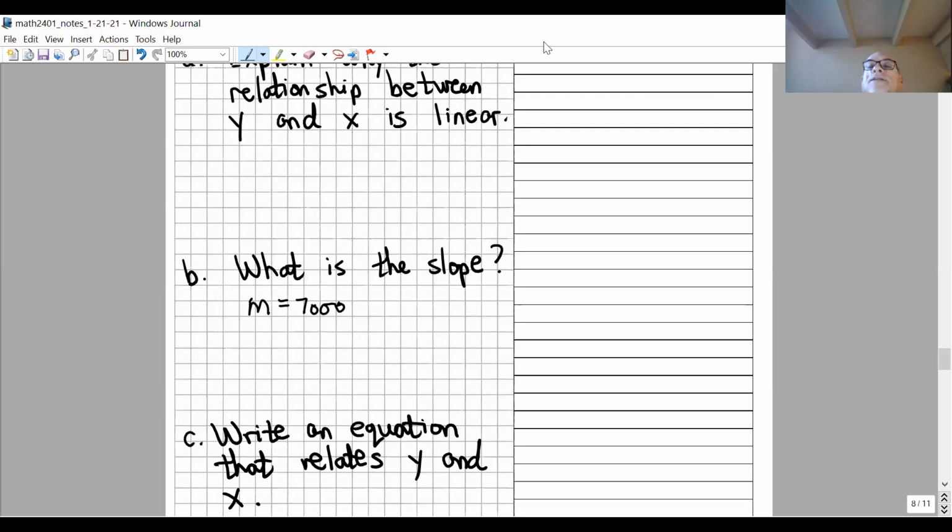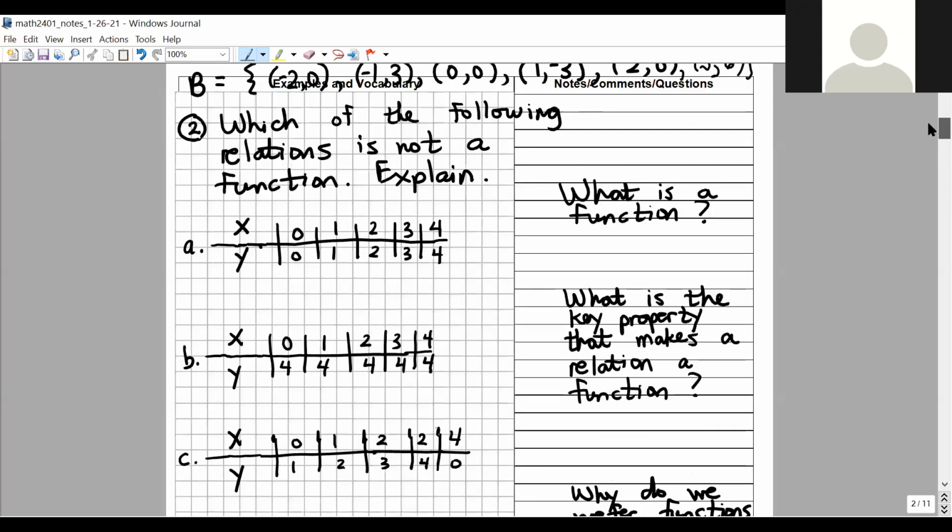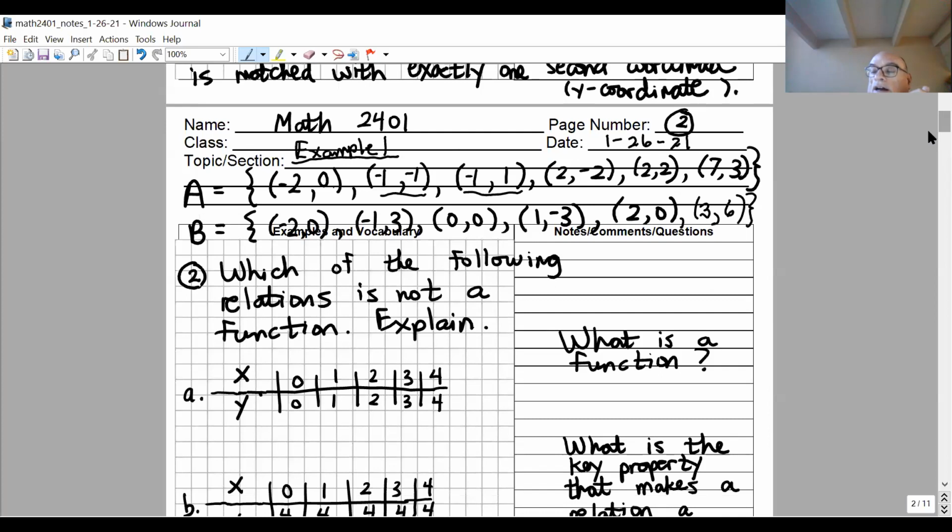All right, let me stop the share and restart it. Is that any better? Yes, we can see the new one now. Oh, okay. Sorry about that. If things start messing up, let me know quickly so we can fix it.